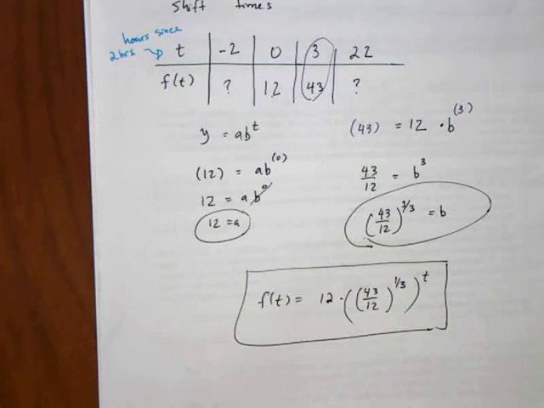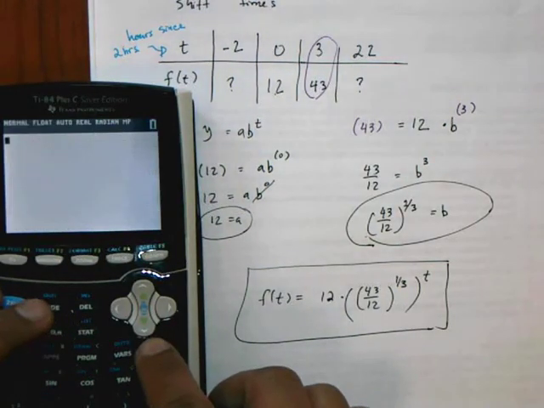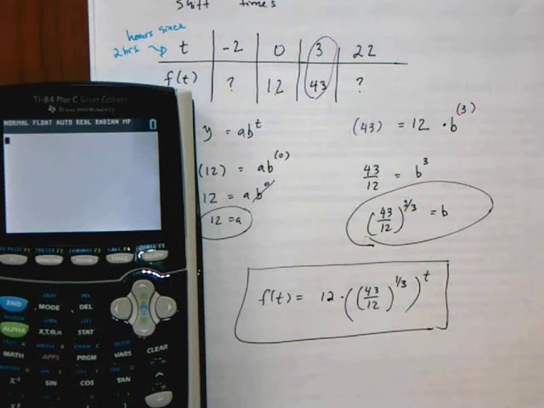And now I'm going to graph this, and I'm going to do the same thing that I did before. I'm going to say 43 over 12 to the 1/3, store it in alpha b.